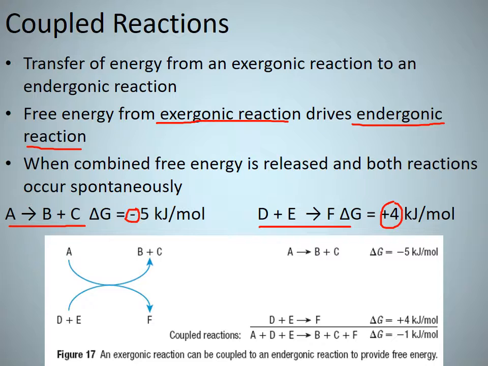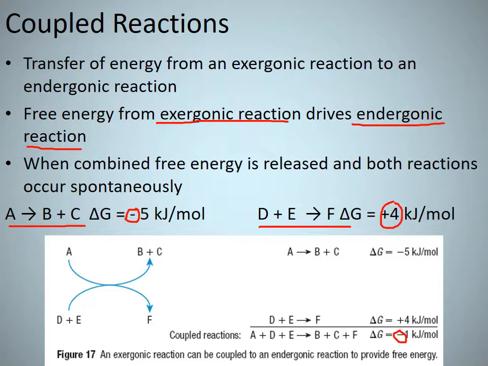Well, chemical reaction number 1, there's a release of energy. Now let's do the math. What's negative 5 plus 4? Again, when we couple these reactions together, the net energy here is negative 1. There's still a release of free energy.